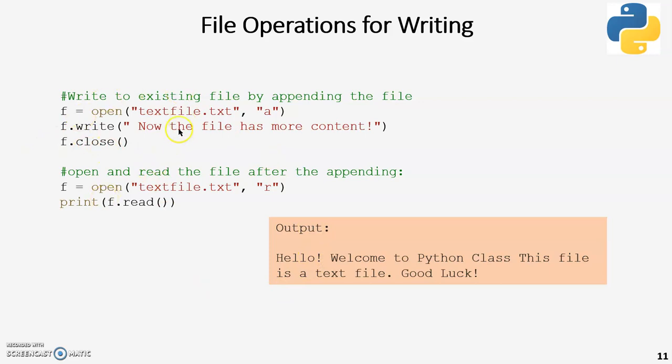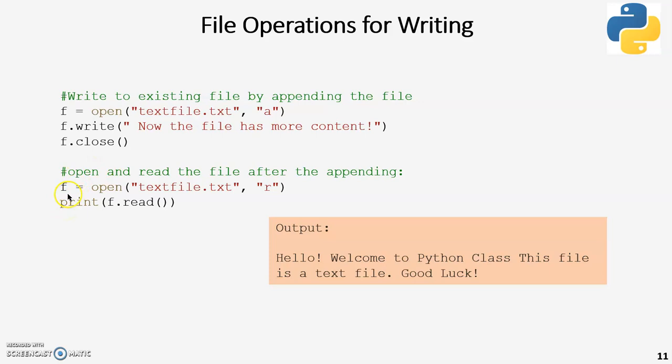Now once this has been executed, let's assume that I already have, as output, a text file which includes: hello, welcome to Python. This file is a text file and good luck. So all this is already existing. After we execute these 3 lines, let's read what exactly has happened.